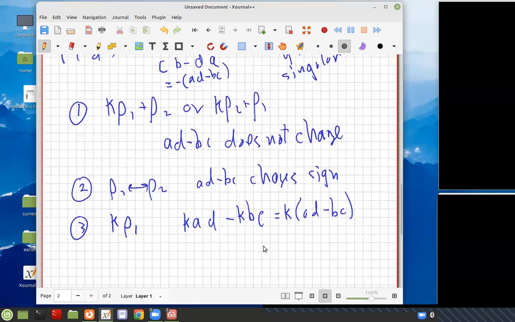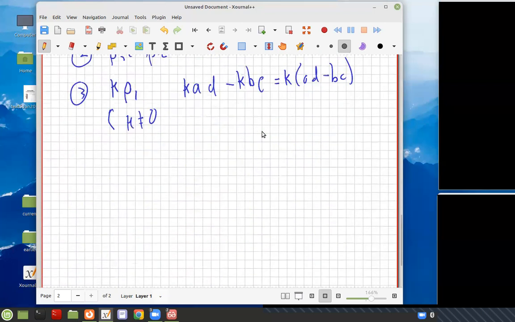So this row operation, as long as K is not 0, and that's one of the restrictions, we can't just multiply a row by 0 because that changes the linear system. So if K is not 0, this just rescales this number, makes it bigger. And that also works with singular versus non-singular.